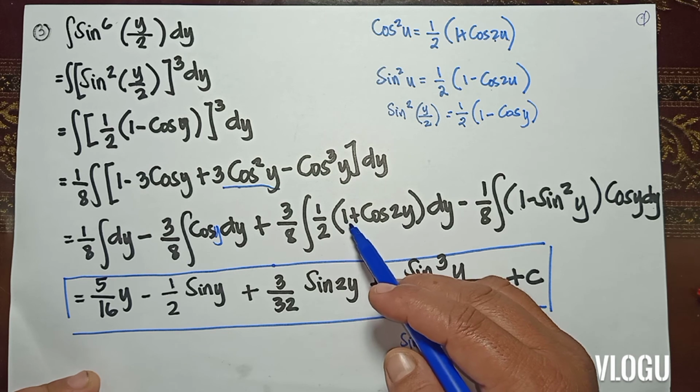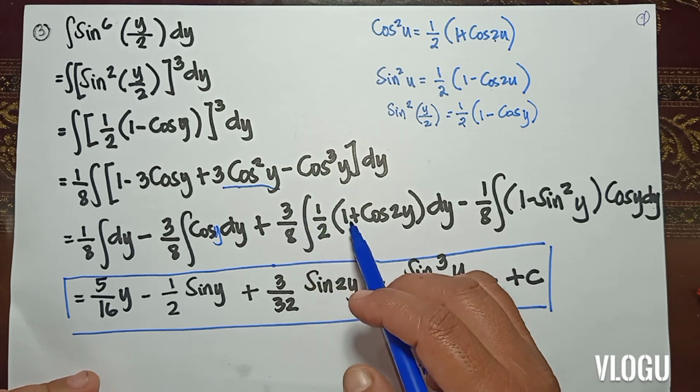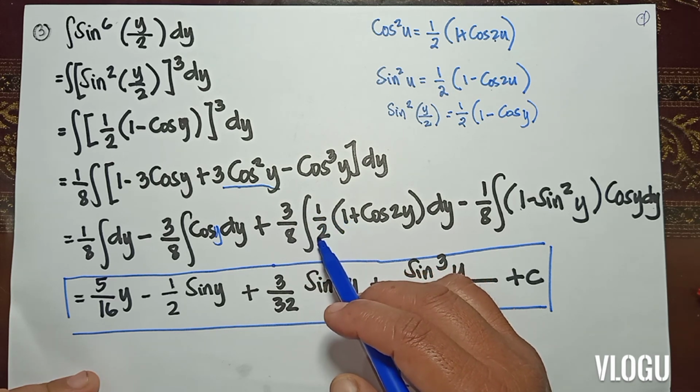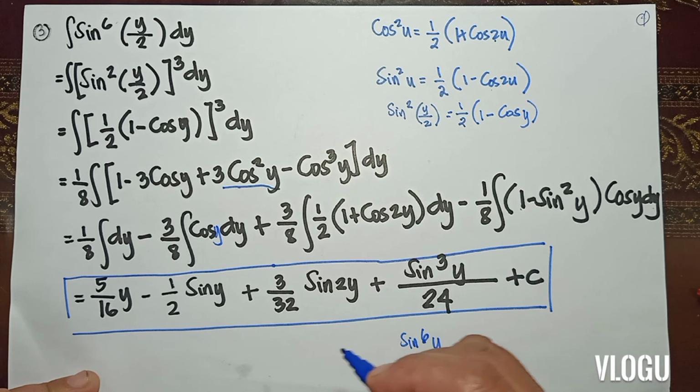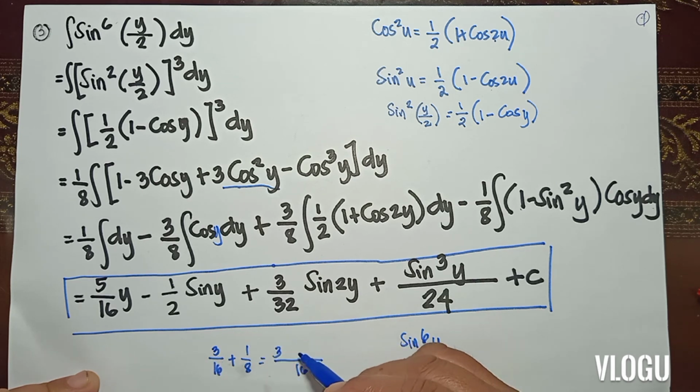So you will have 3/16, if you are going to look at this is 1, 3/16 plus 1/8. So if you are going to look at this one, LCD is 16 divided by 16, that is 1 times 3, that is 3, plus 16 divided by 8, that is 2, plus 1 times 1.